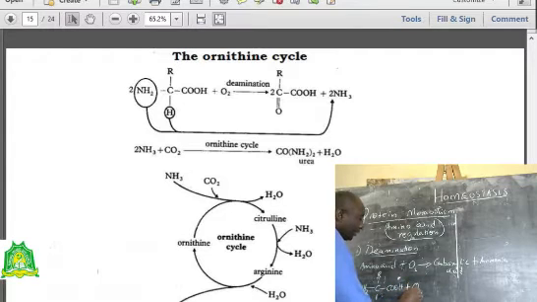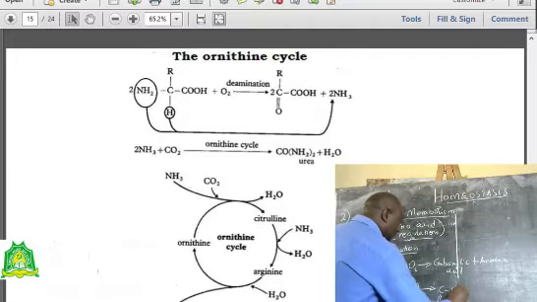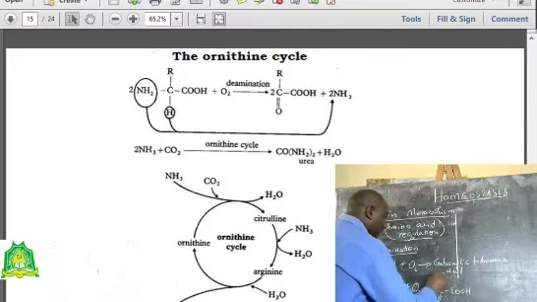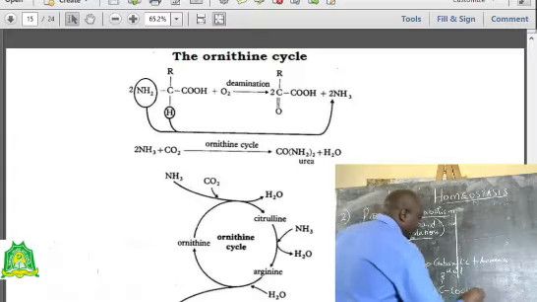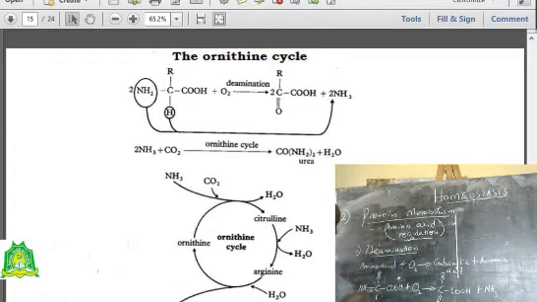So deamination reacts with oxygen gas. That means deamination requires oxygen for us to form this carboxylic acid, plus the ammonia. Once again, deamination involves the removal of the amine group.